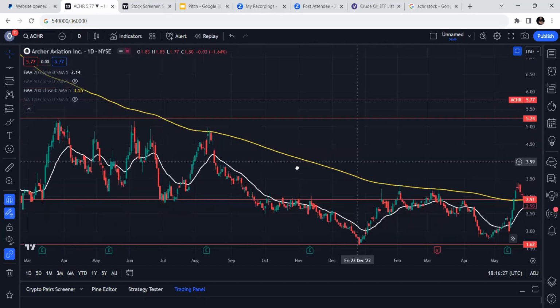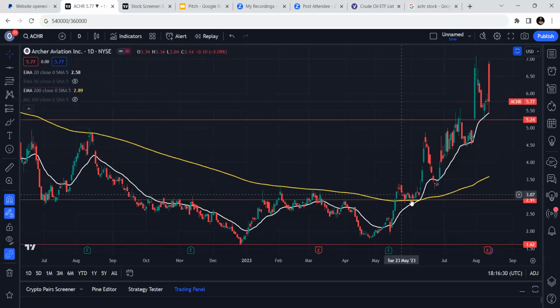From September last year up to May, you can see that the stock was not really going up or down. It was trading within a range. You can see it dropped from $2 down to 1.6, went back to $2, traded within that range, then pulled back again to 1.6, 1.7, then went back. So this is what we call the period of accumulation. Accumulation means it's trading within a tight range.